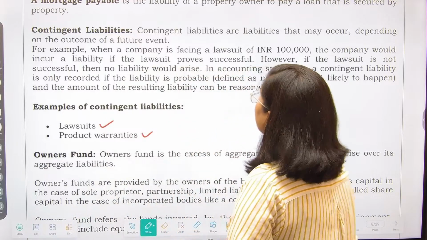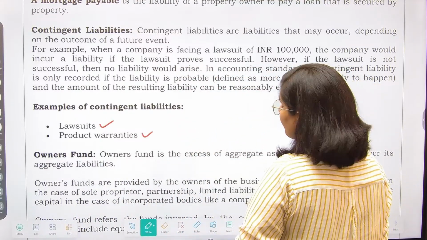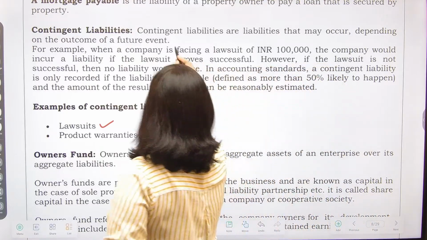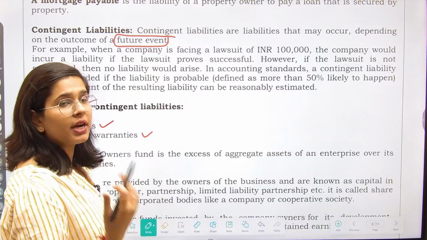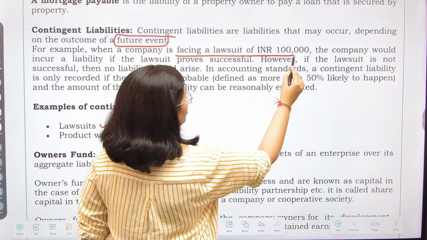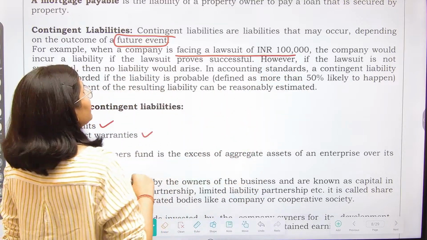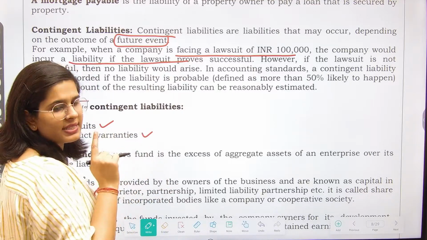So contingent liabilities are the liabilities that may occur depending on the outcome of a future event. Right now you are not sure about the liabilities because such liabilities might occur in the future. For example, when a company is facing a lawsuit of INR 1 lakh, the company would incur a liability if the lawsuit proves successful.